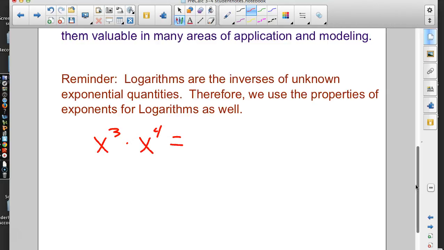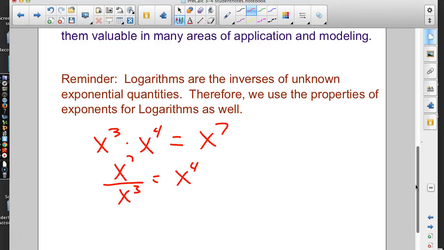If you know how to do that, you really learn how to work with logarithms. Because we have the same base and we're multiplying, we add the exponents. So in logarithm language, multiplication is really addition. That's one of the properties that we have. One of the properties that we just used with the decibel examples told us, hey, if we're going to divide similar bases, we have to subtract the exponents.